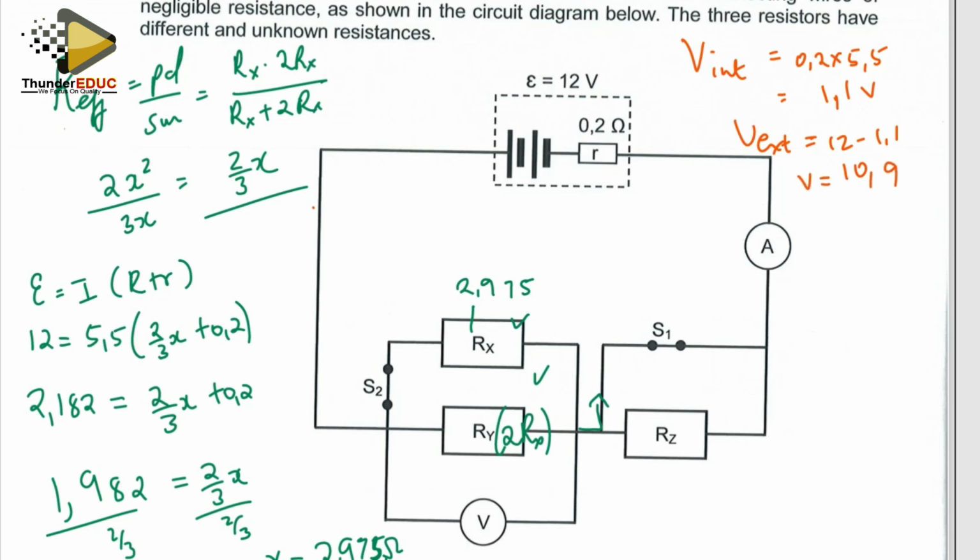Remember, this is parallel, so it's the same. For the power, I can use V squared over R from the power equation. So my V squared is 10,9 squared over the R, which is 2,975.